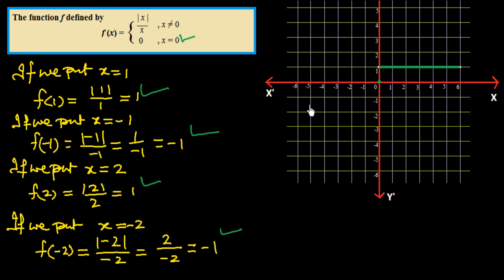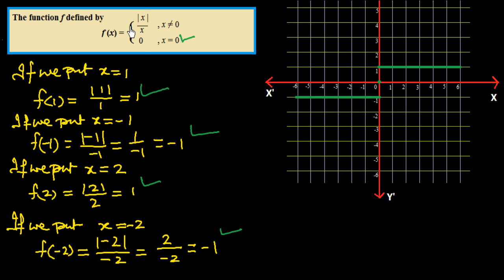If we put any negative value instead of x, we get minus 1. In this way we get the graph of the Signum function. Either we get 1 as a range, minus 1 or 0.